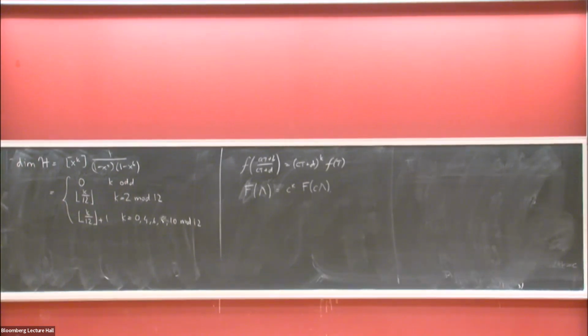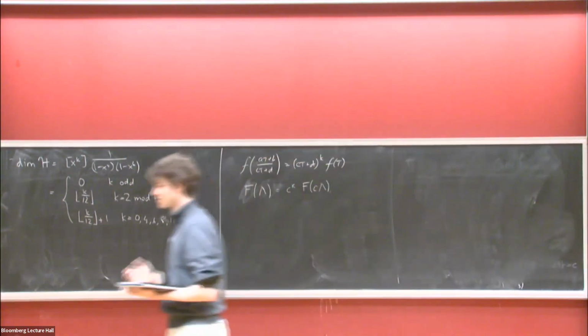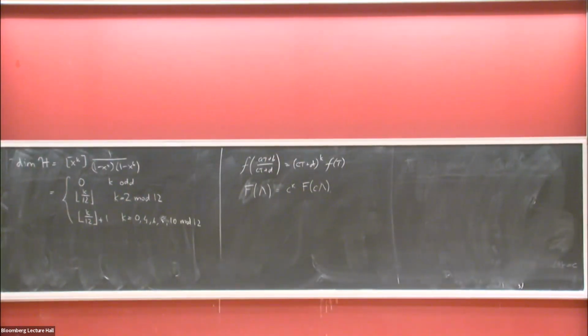It acts oddly on all of these, so it's either an anomaly or a Gauss law. Maybe it's a Gauss law. I guess we can call it Gauss law. But this is really exceptional to the torus. It will not happen for any other surface. I can promise you.